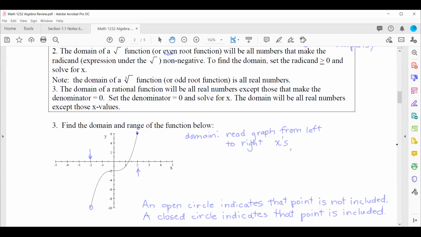Here's one way that I could write the domain if I wanted to. That says x is strictly greater than -2 and less than or equal to +2. And that's one way to write that set of numbers.